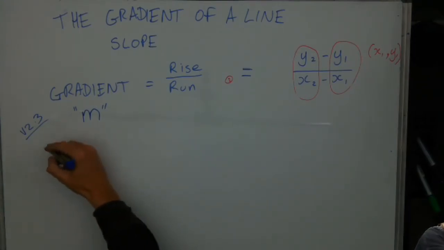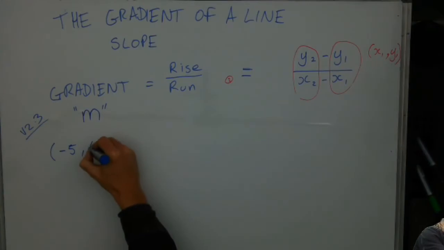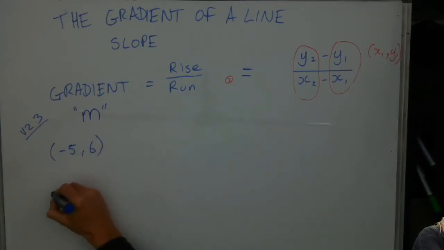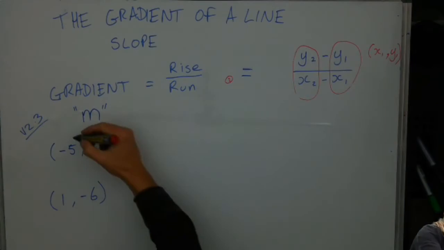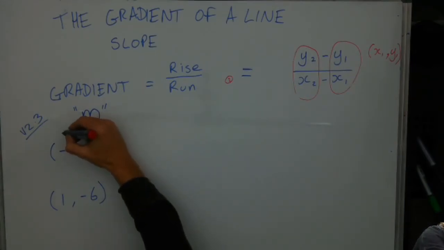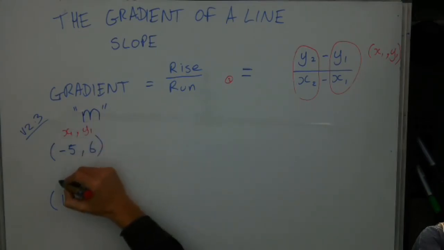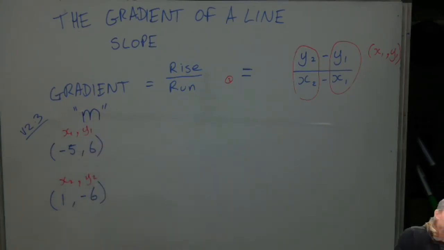So the 2 points are negative 5, 6 and 1, negative 6. So I'll label these again. Let's call this our x1, y1, x2, y2. So that's just so we don't get confused.